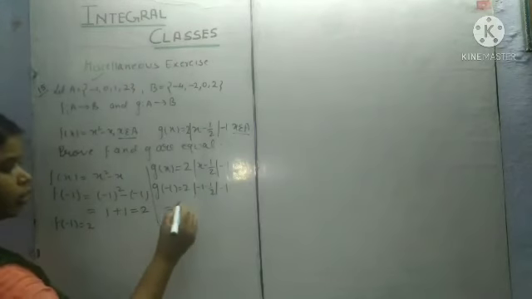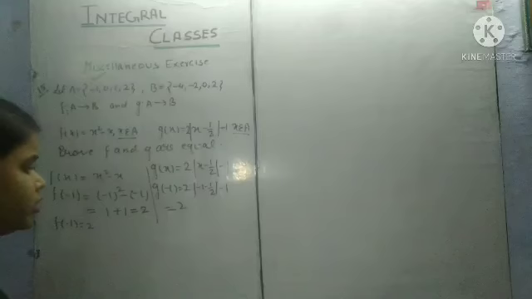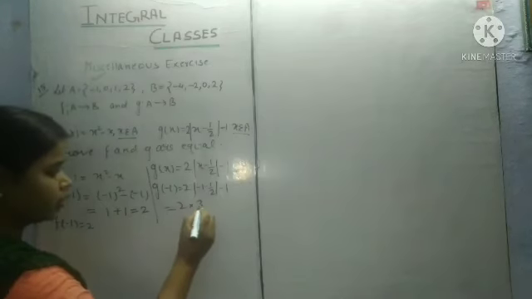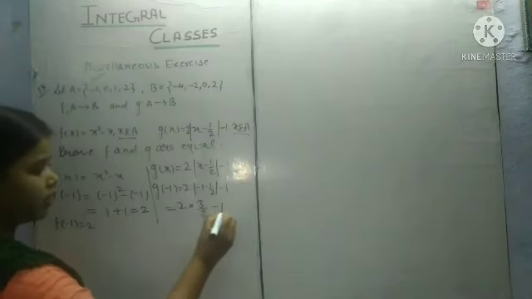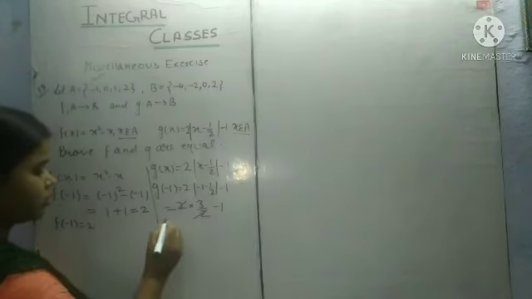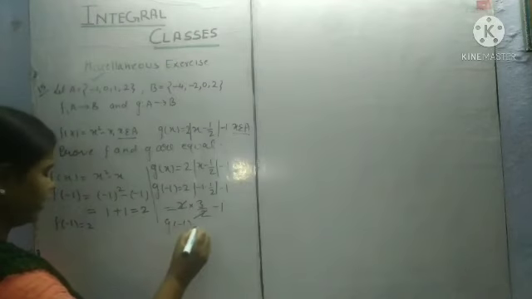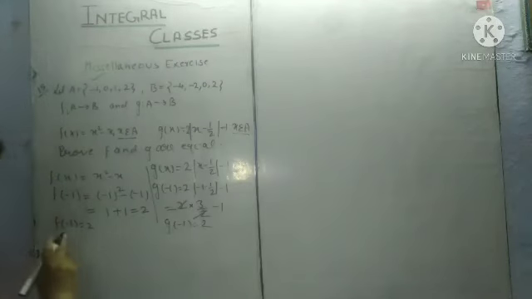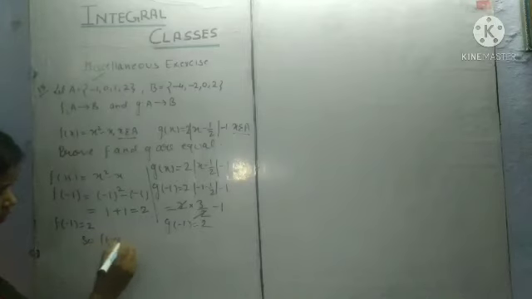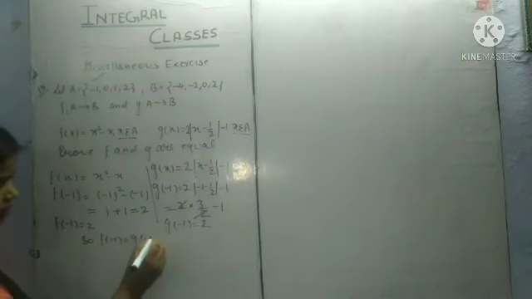Now we will get the absolute value of minus 2 minus 1 by 2, it will become 3 by 2 positive, and minus 1. So 3 by 2 minus 1 we will get 2. So f(minus 1) equal to g(minus 1) equal to 2.